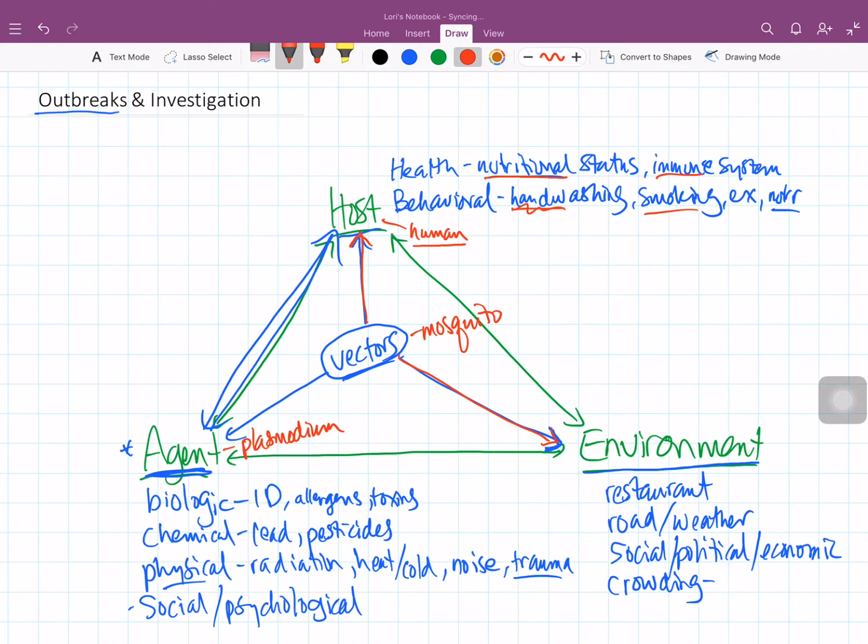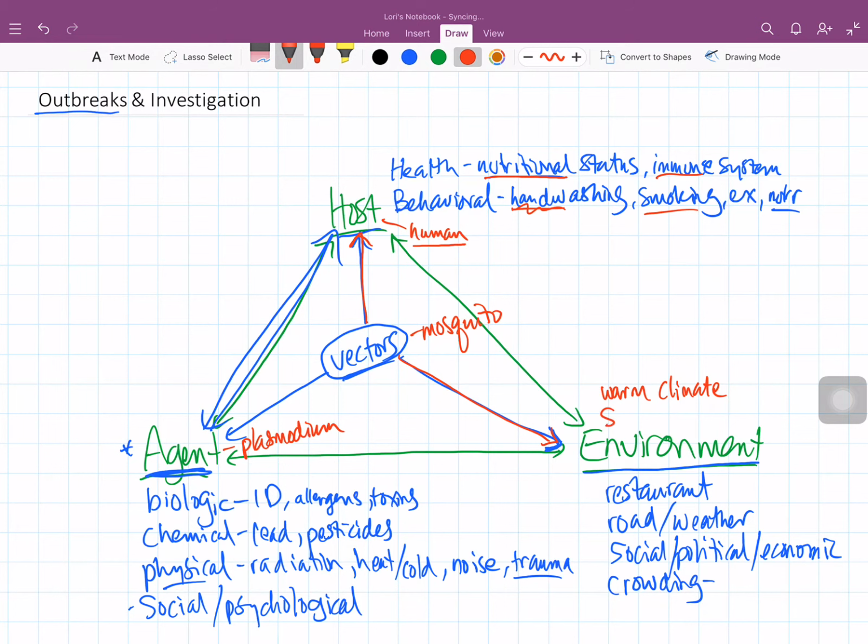And so if the mosquito lives so far out in the boonies that there aren't any people around, then it can't really spread that disease from one human to another. And so usually we have a warm climate. Often the mosquito bites at night.